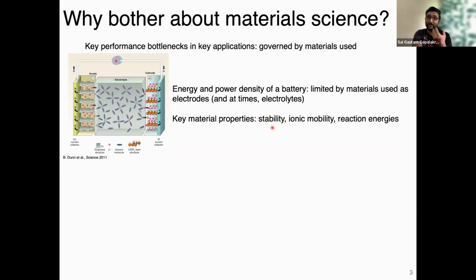Stability of the materials also governs how long your battery can be cycled. And ionic mobility, so how quickly ions can move within a solid, really dictates how much power you can extract from a given battery system. So if you take batteries, a lot of its key performance metrics come from the materials that are being used and their properties, right?